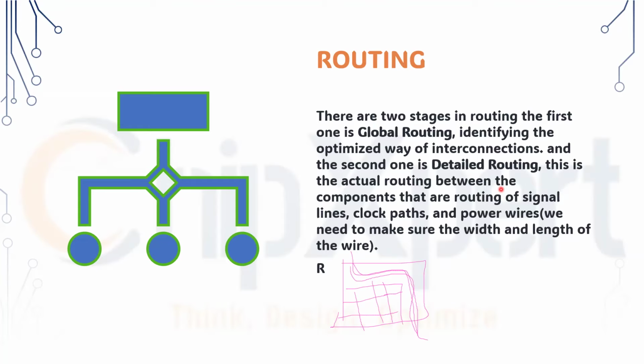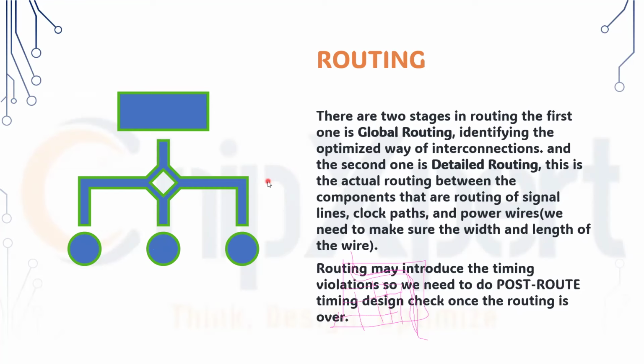So we need to use proper spacing and the proper rules and guidelines of the fabrication technology. Whether it is clock nets, signal nets or power nets, we have to ensure the proper width and length of the wire. This is how we call the routing stage.